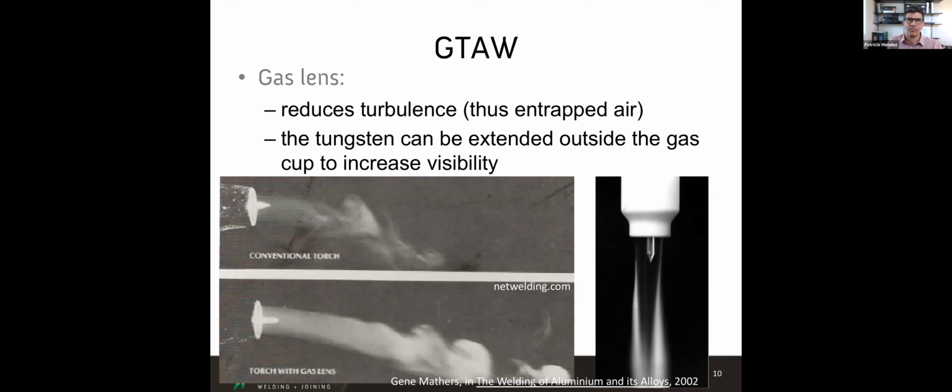For example, if you're doing a weld with very high heat input, that means it's going to take very long to cool. That means that you might have moved past the weld before it's solidified, and then the tail of the weld might still be liquid and react with the oxygen. In that case, you would use a trailing shield, but you do not increase the flow of gas.